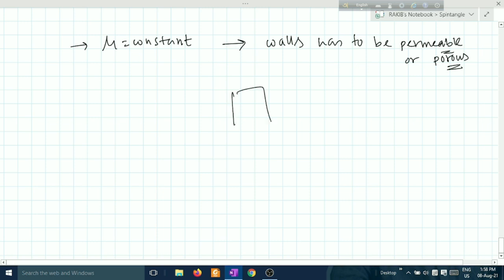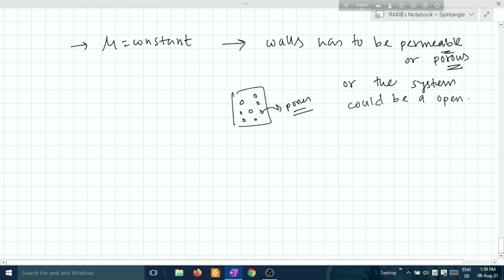This means the wall contains pores. Or the system could be an open system.